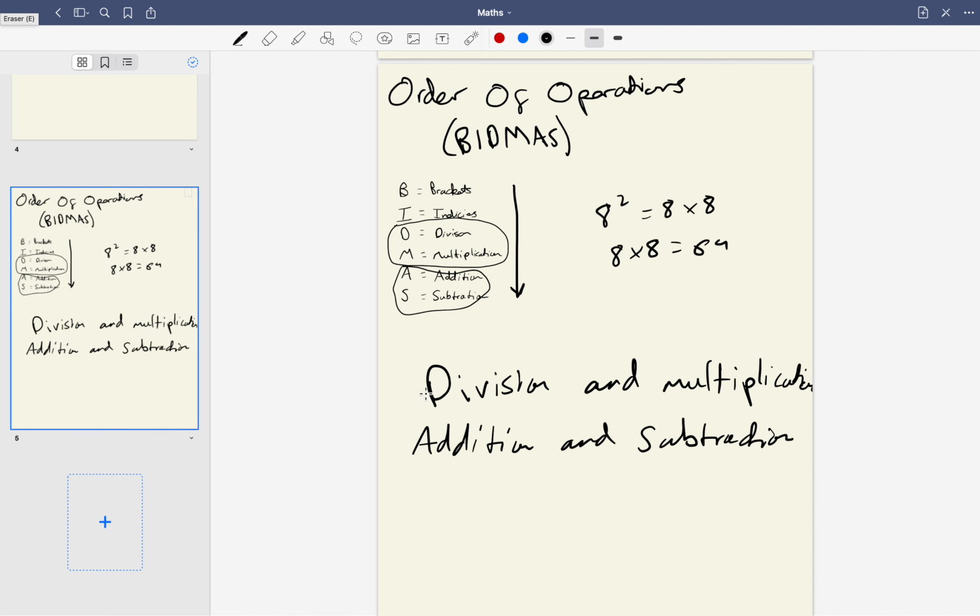If you have these two, go left to right. If you have division and addition, so let's say you've got 7 add 4 divided by 2, you do the division first because that isn't part of the same group and it's higher up.